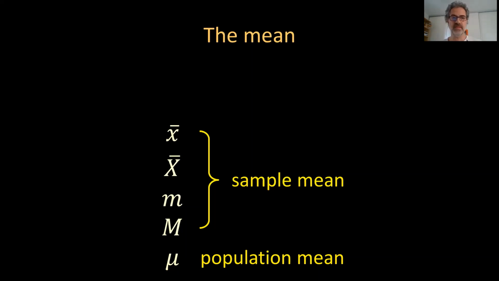And we use a sample of the population, hoping to get an estimate for that. We'll get more about that. The idea here is we have different symbols, some of which mean the same thing and some of which don't.